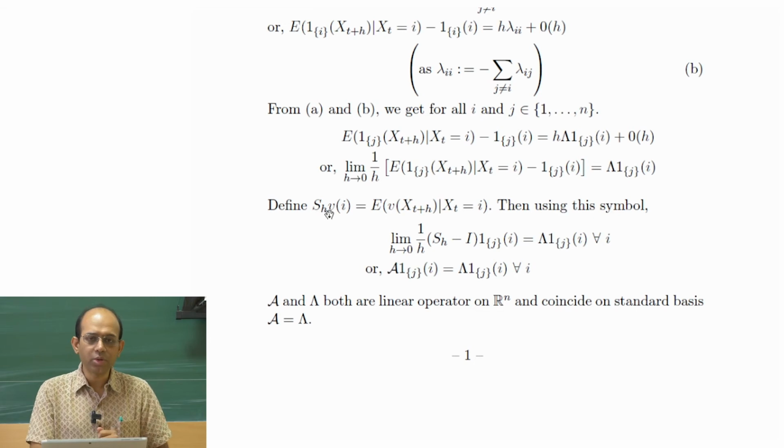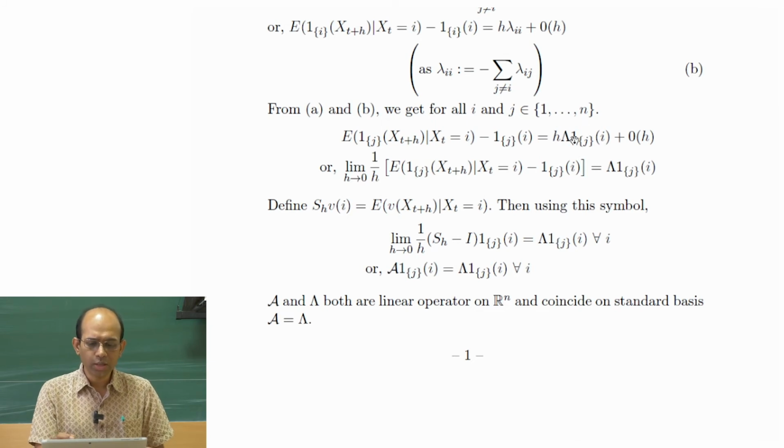So this is a semigroup of operators, and it is also a C0 semigroup. Why? Because as h tends to 0, from the expressions we obtained earlier we see that this part goes to 0.